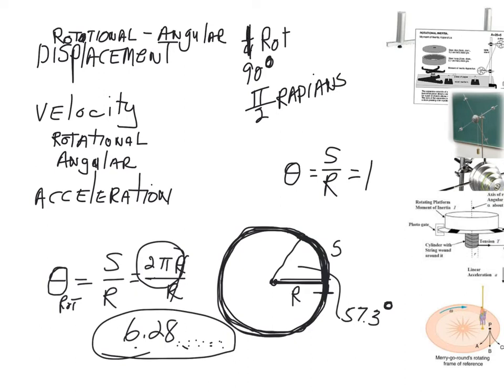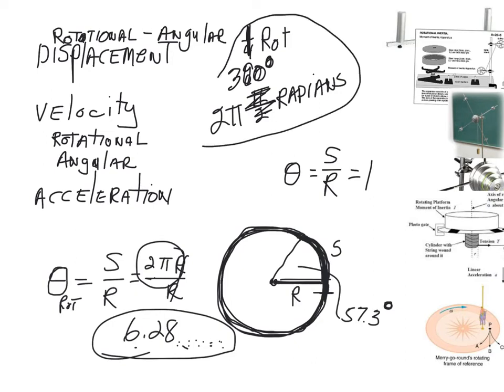One rotation is 360 degrees is 2 pi radians. So those are our conversion factors: one rotation, 360 degrees, 2 pi radians. And you'll see that we're going to use those a lot when we calculate angular displacements or rotational displacements.